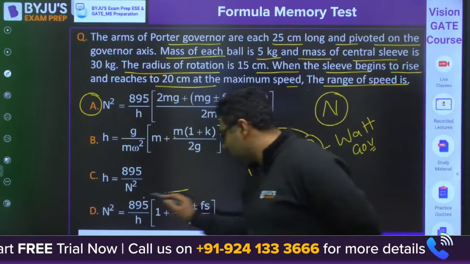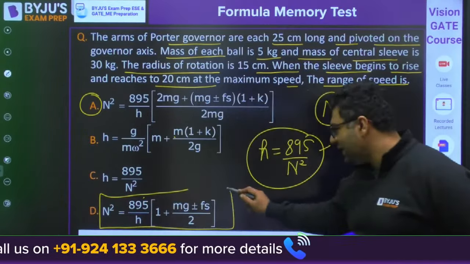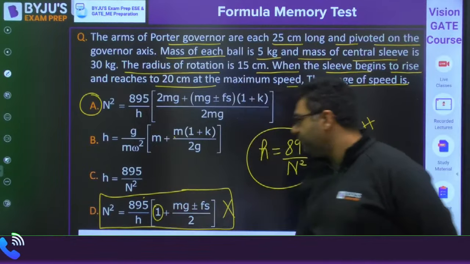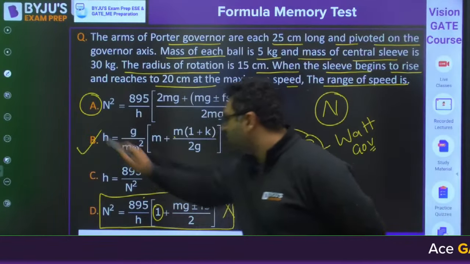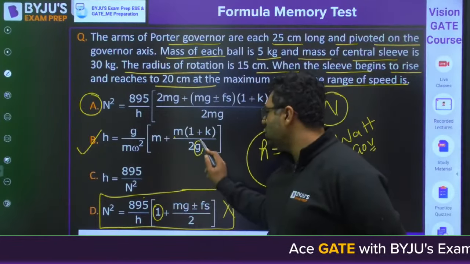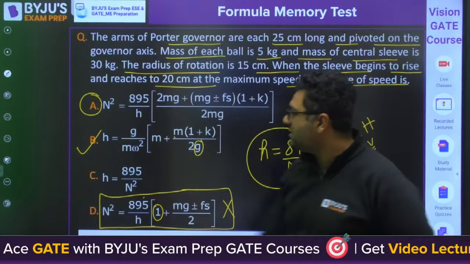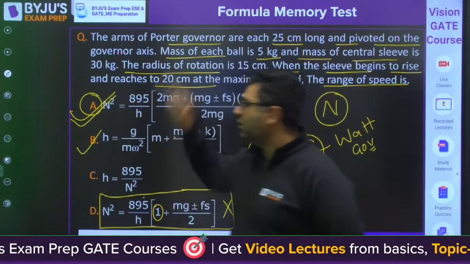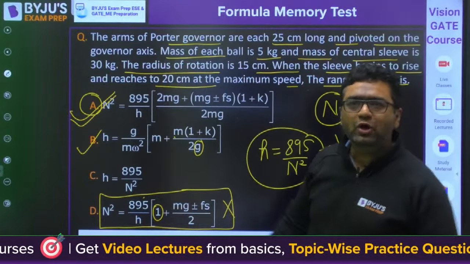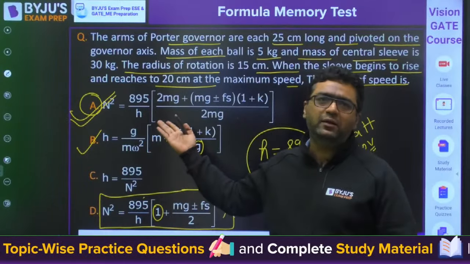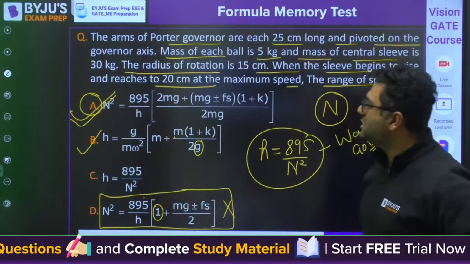If you see this, N square is 895 by h, this formula is wrong, because here 1 should not come. This formula is correct if G is not there. So every formula has some mistake. A is not having any mistake. A is the correct answer. So don't worry if you find any difficulty when I teach you this topic. You will never have any problem in this.